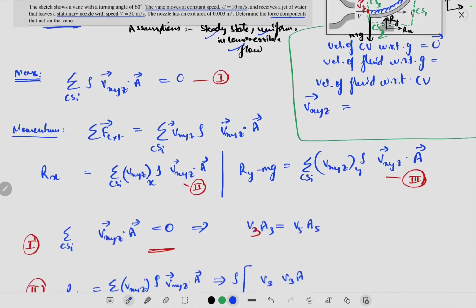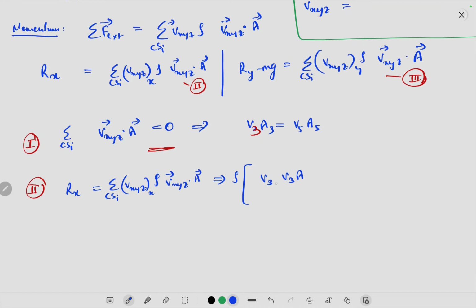So V3 times V3 A3 with a negative sign, because the dot product will give me a negative sign.